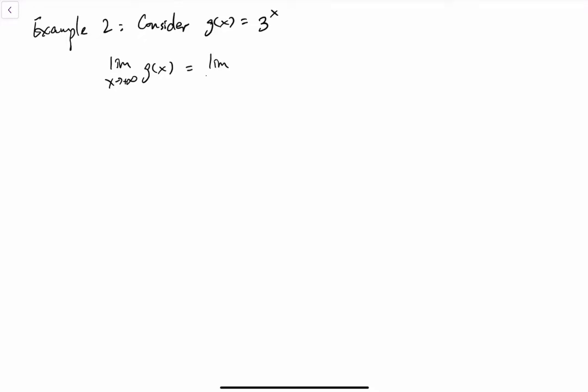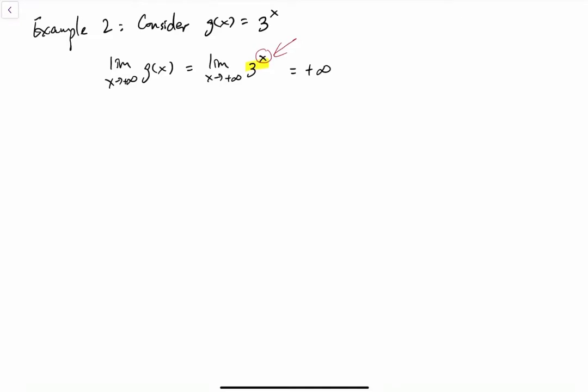We can try to figure it out. Imagine when x is a very big number, then this value will become a very big number. Actually, it becomes bigger and bigger. So in this case, we can write this is equal to positive infinity.